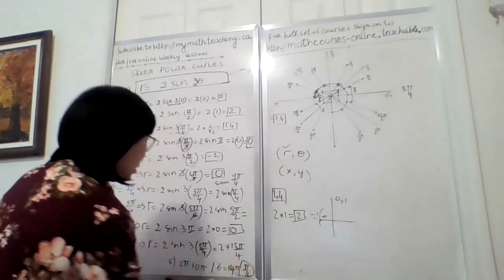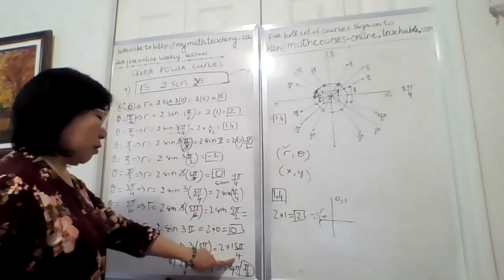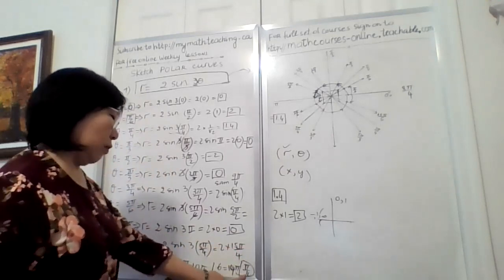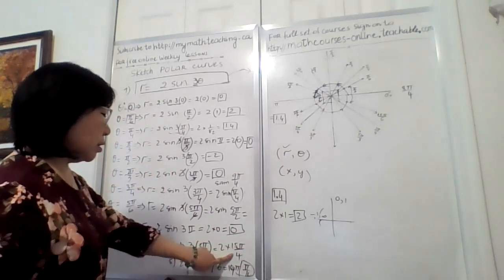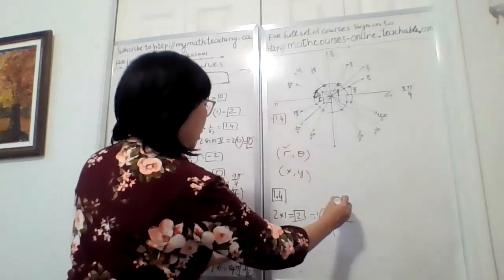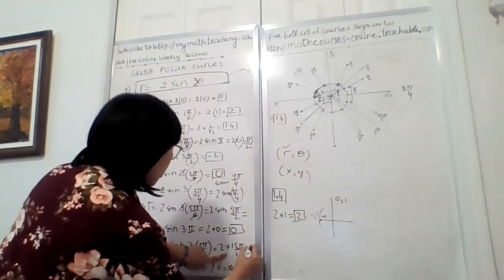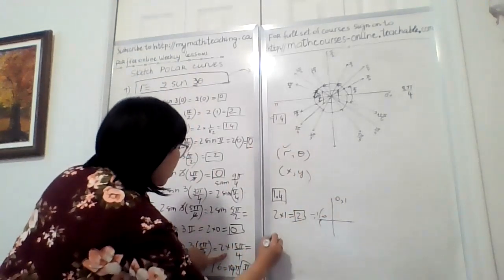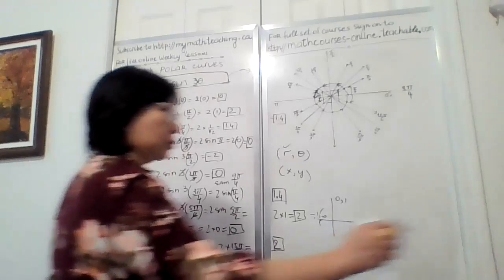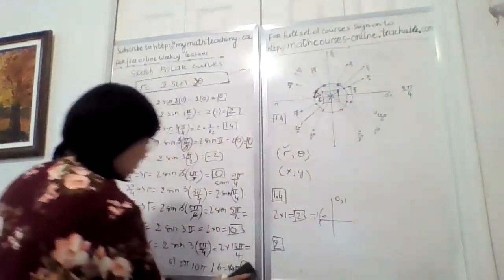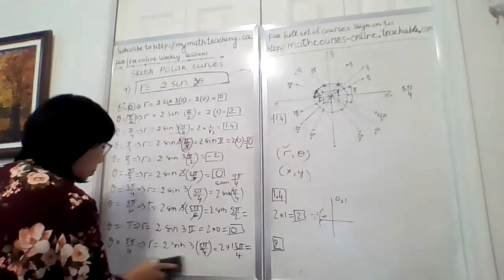So if it's 15 pi over 4, consider it like pi over 4, right? Sine of pi over 4 is 1, 1 times 2 is 2. So this value is the same as the number 2. Okay, so that's the idea if you come up with a big number like that.